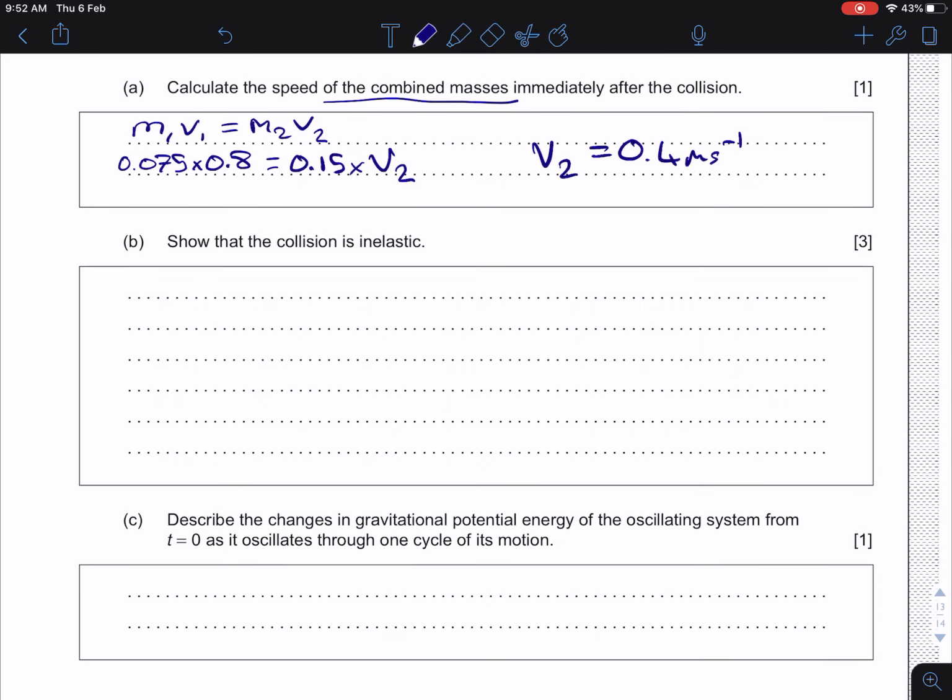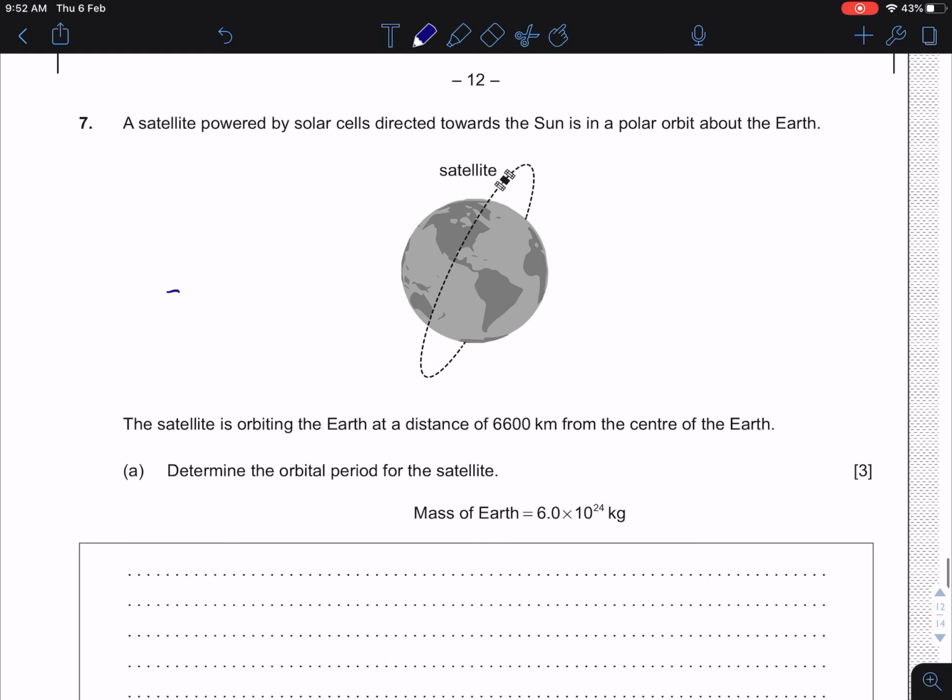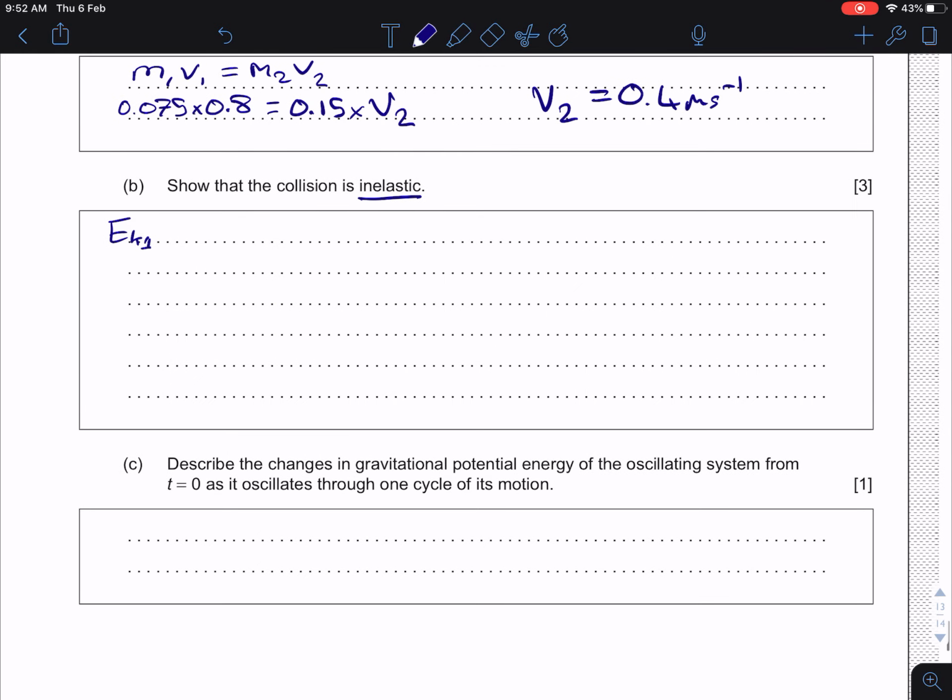Show that the collision is inelastic. Well, an inelastic collision means kinetic energy is not conserved, so you have to calculate the kinetic energy before, EK1, which is half mv squared, which is a half times 0.075 times 0.8 squared, which gives 24 millijoules.